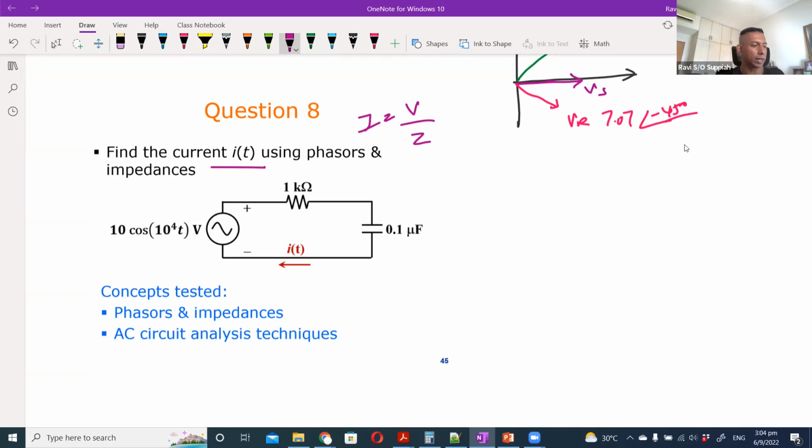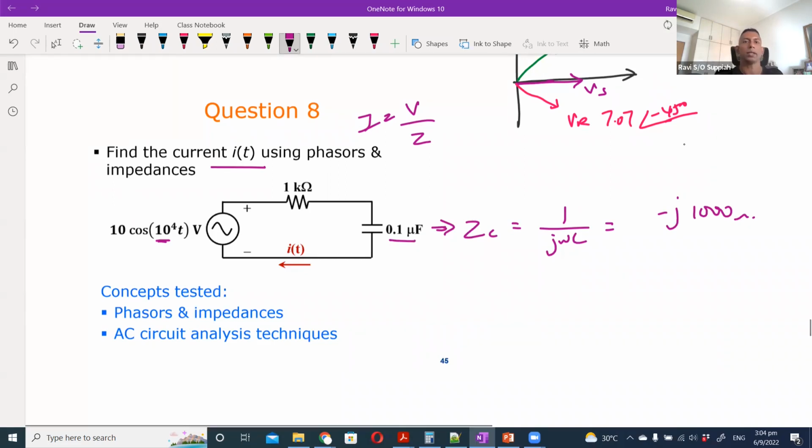Since R is given here, what I need to do is convert the capacitor into its impedance, which is ZC, which is 1 over j omega C. So it will be minus j 1000 ohms. What is omega? Omega is 10 to the power of 4. C is 0.1 micro. Why minus j?